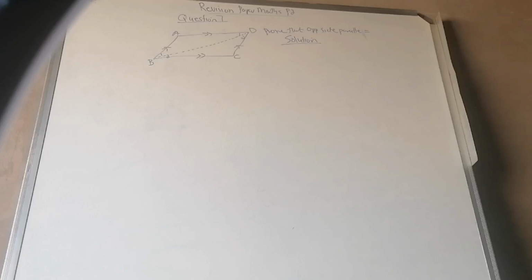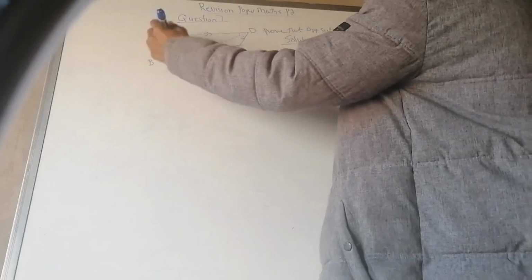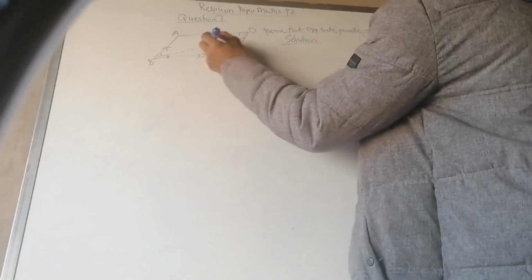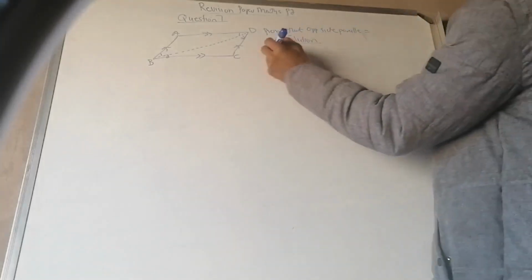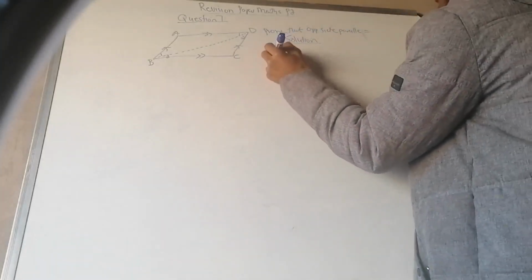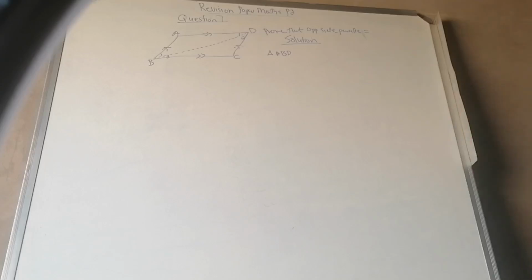By just looking, I can see this piece, BD. So triangle ABD, is it similar or is it congruent?